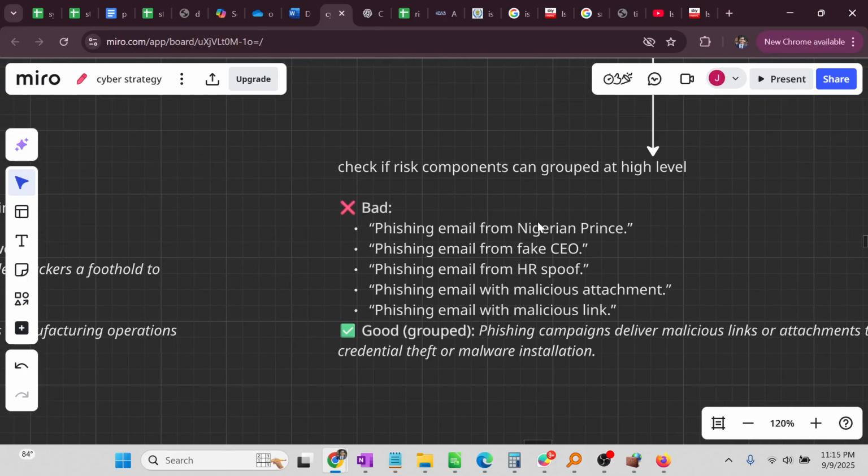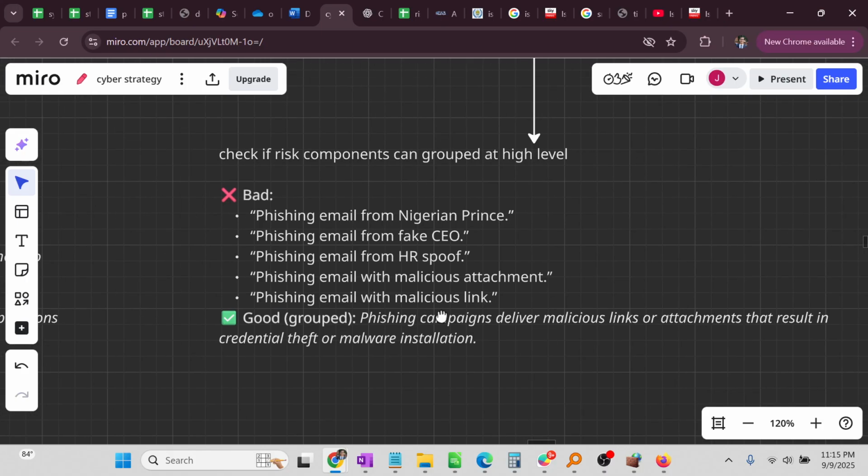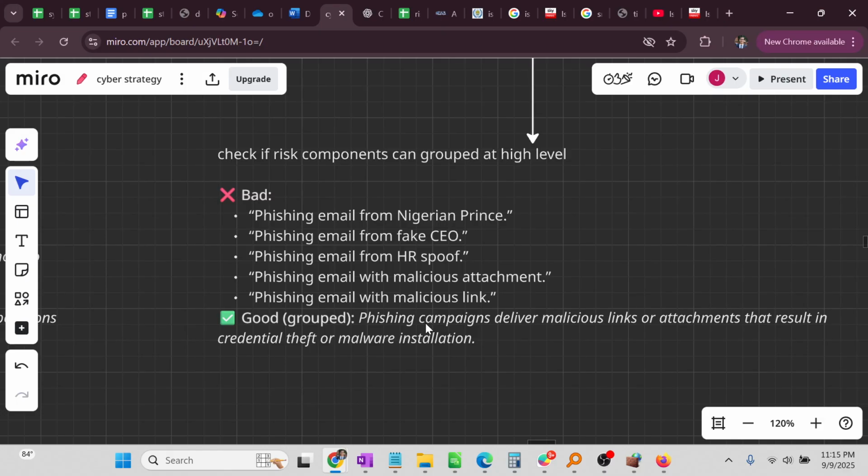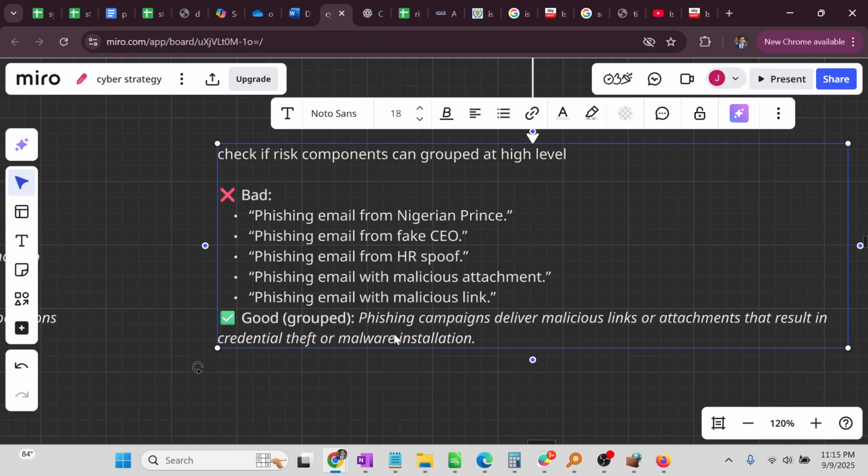Instead of focusing on just very detailed scenarios of the same thing, which is phishing email from Nigerian prince, from HR spoof, malicious attachment, what you should focus on is you need just one scenario that can replace all these different scenarios. Phishing campaigns deliver a malicious link or attachment that result in credential theft or malware installation. This is a pretty good scenario that can replace the above scenarios.